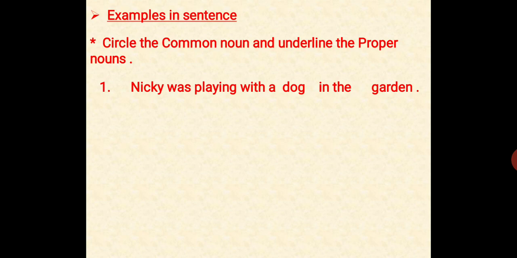Then Nikki is a proper noun, so underline it. Okay. Now we are moving on to the dog. So dog is a common noun. So what can we do? Yes, circle. So circle the dog. And then garden. So garden is also a common noun. So circle the garden.